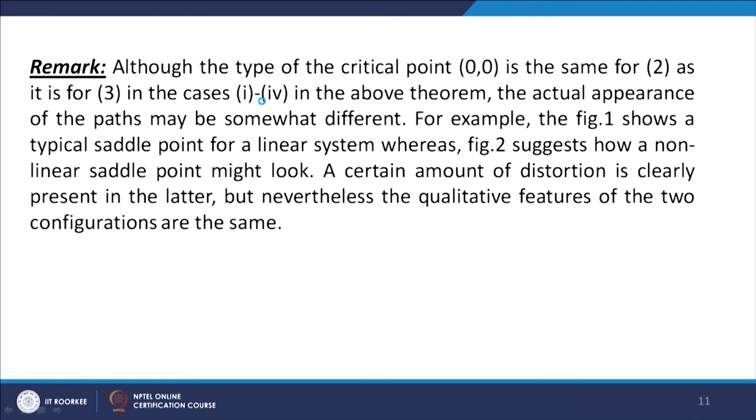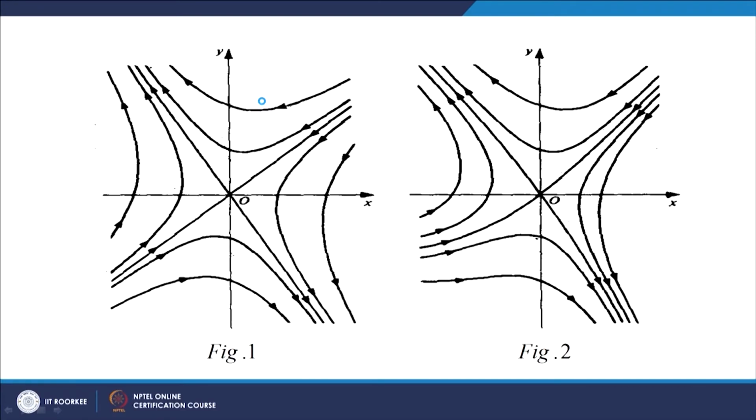For example, figure 1 shows a typical saddle point for a linear system. You can see this 0 0 here is a saddle point for the linear system. Here also 0 0 is a saddle point, but the appearance of the paths is different. They are not linear, they are curves, non-rectilinear paths.